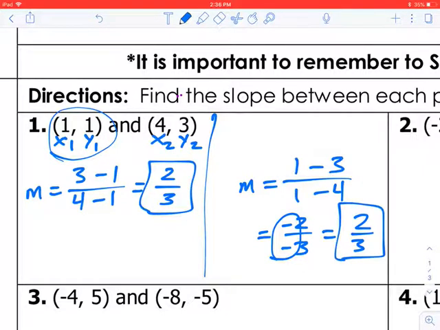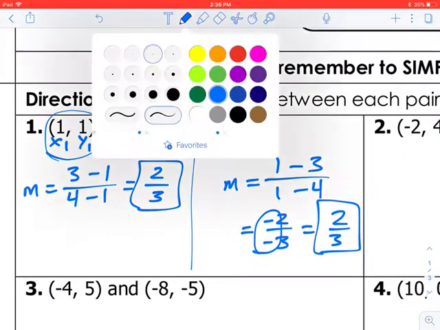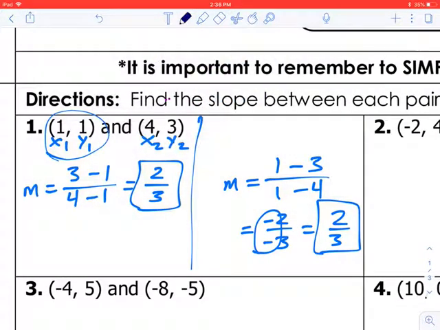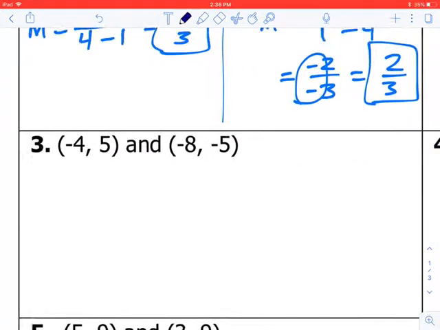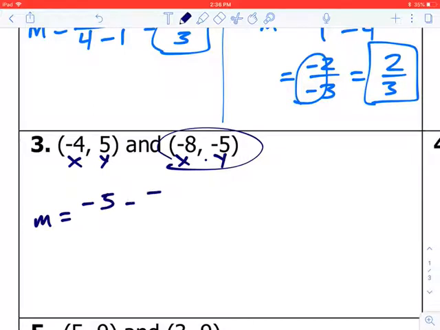Same answer both times. Okay, so again, it does not matter which way you start as long as you stay consistent on top and bottom. Okay, so same thing, x and y, x and y. Let's find the slope. So I'm going to start with this point here. So negative 5 minus 5 over negative 8 minus negative 4.